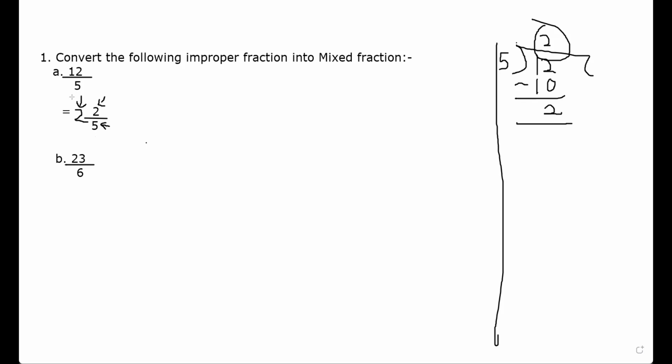So my dear student, you know what we have to do now? We have to simply divide the numerator by the denominator. You can see this is 6, this is 23.